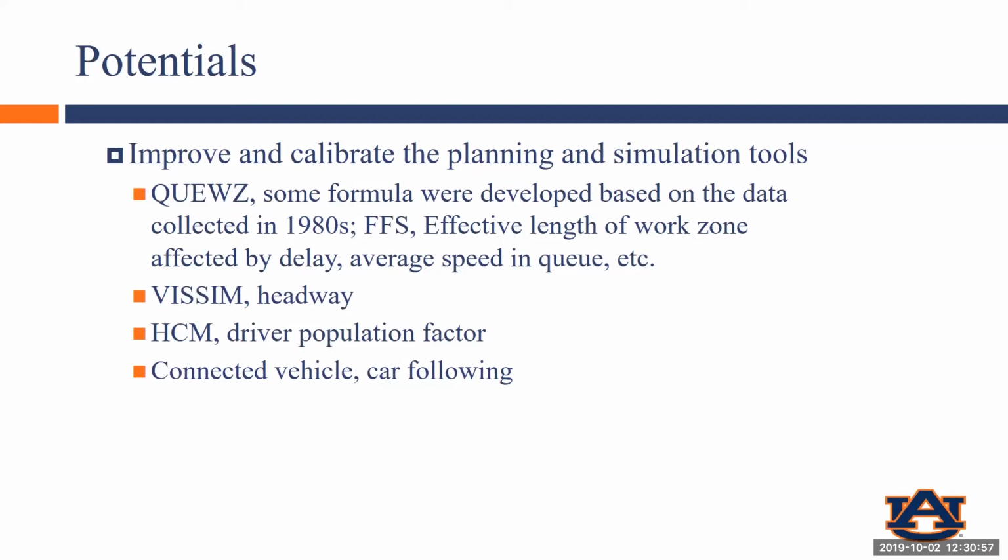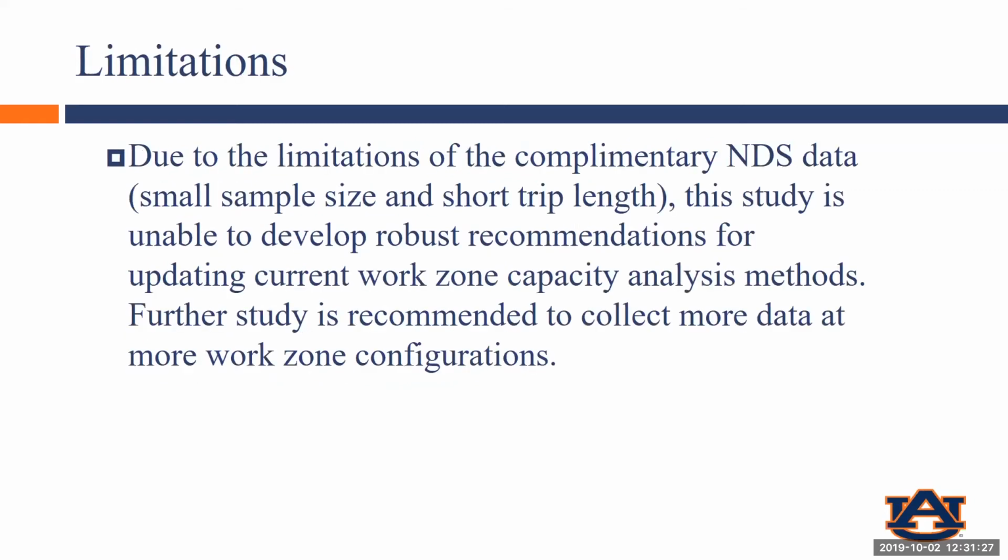So based on this study, we may be able to develop some kind of model to help the vehicle automatically select headways when they go through work zones based on their age, gender, and risk level. That makes the driver feel more comfortable, like they are controlling the vehicle. Those are just some potential applications for this study.